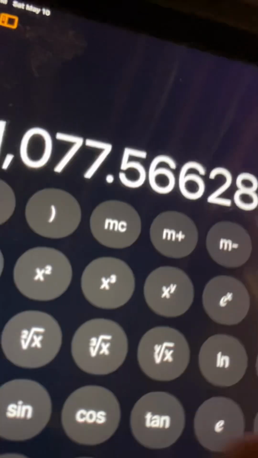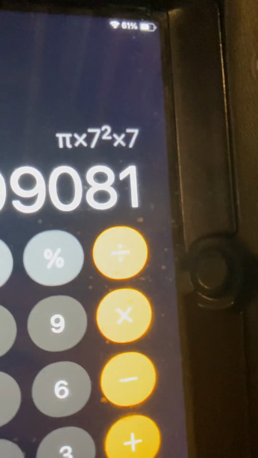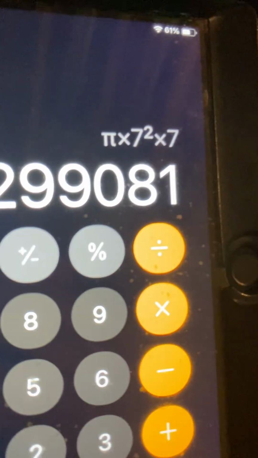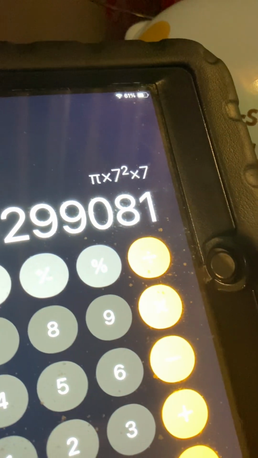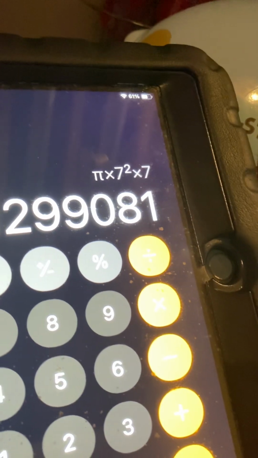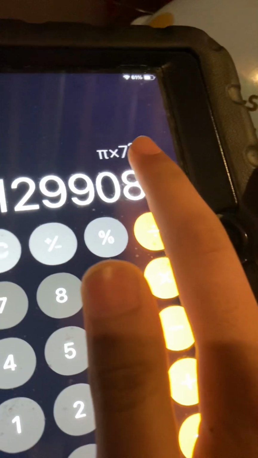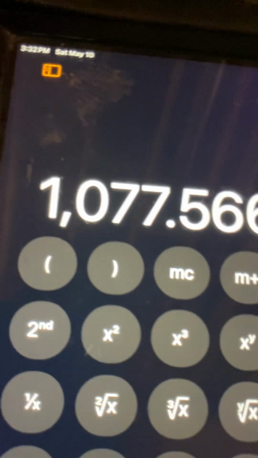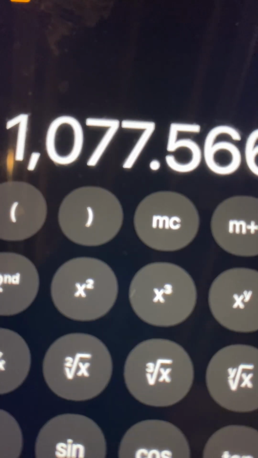This time we discovered that parentheses should not be put into the equation. Because sometimes when you put parentheses in an equation that is short and doesn't require parentheses, then the answer will be wrong. So sometimes you should not put parentheses in an equation at all. Just like this one, it got us the right answer, 1077.57, or 1077.6 if rounded to the nearest tenths.